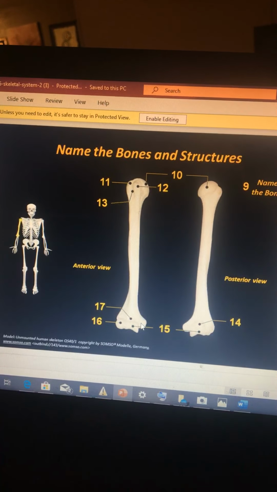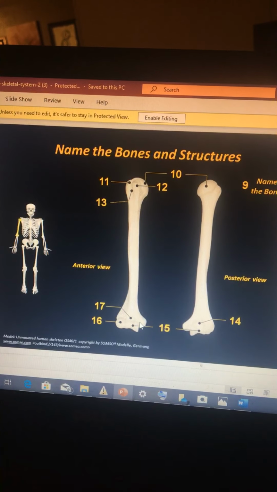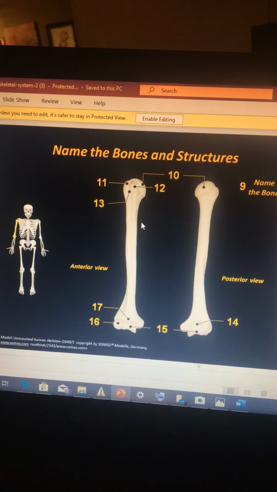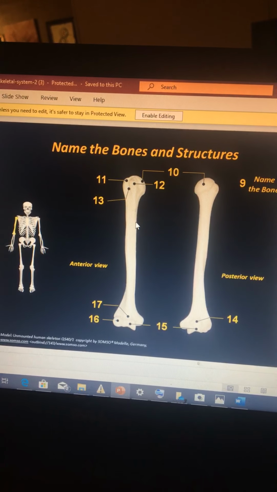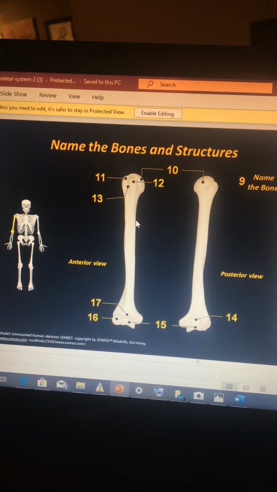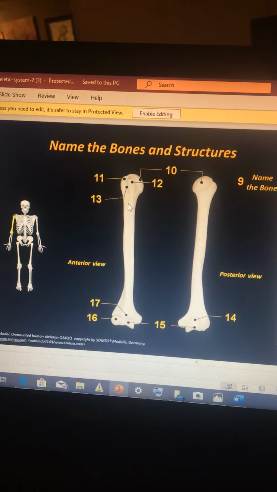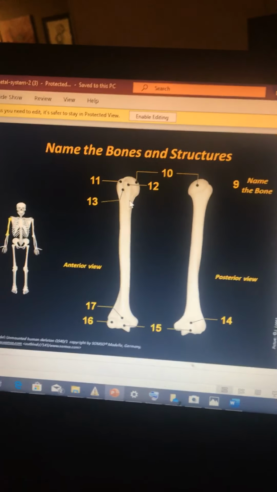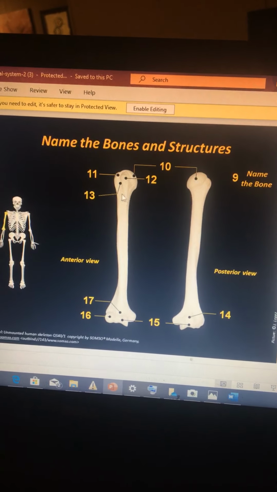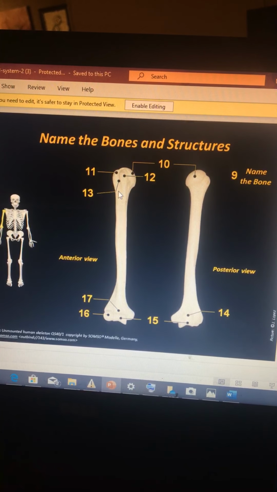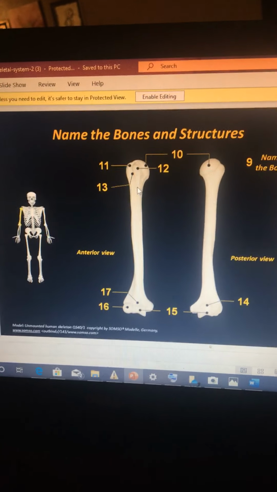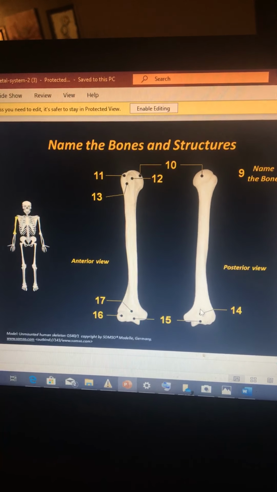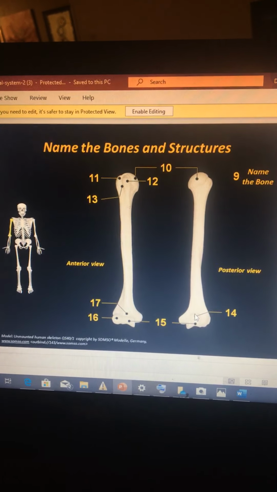Then it also has the deltoid tuberosity. It also has a surgical neck. And then it has an olecranon fossa.